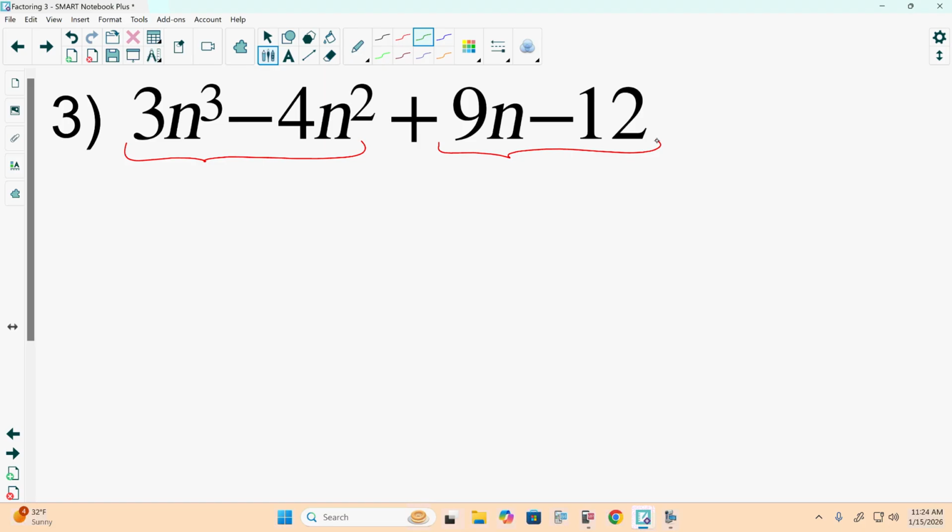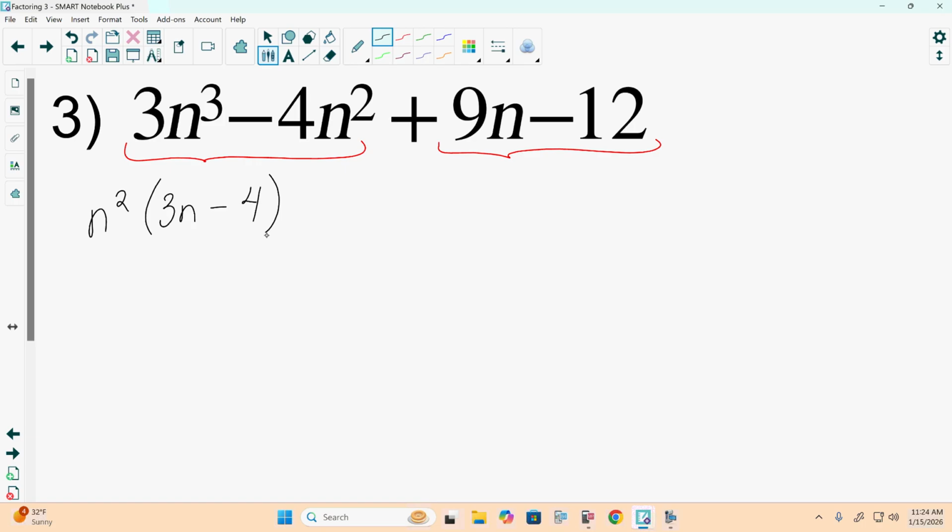Now, if we look at our first two terms, 3n cubed minus 4n squared, what's the greatest common factor? N squared. Which is going to leave us with 3n minus 4. So, we know that's the greatest common factor, yes?